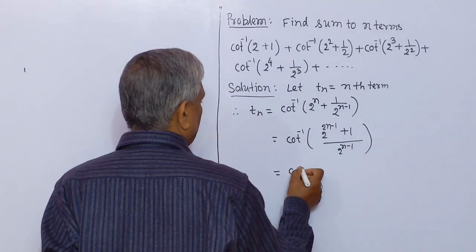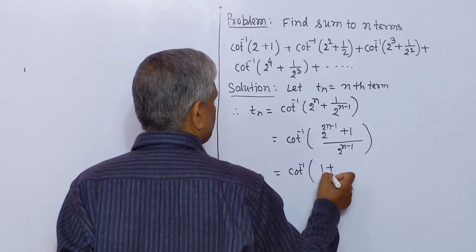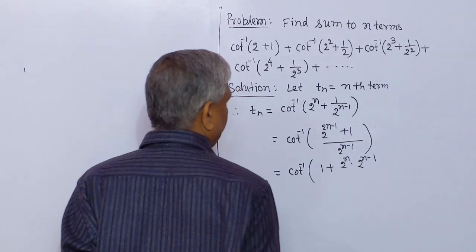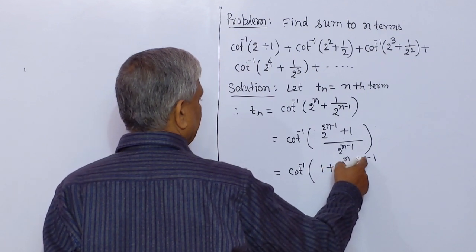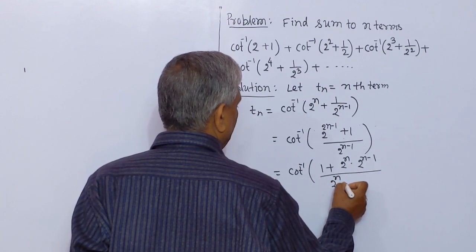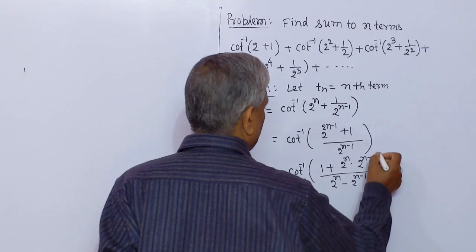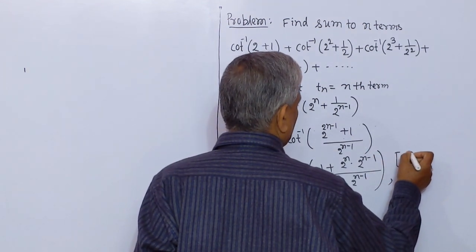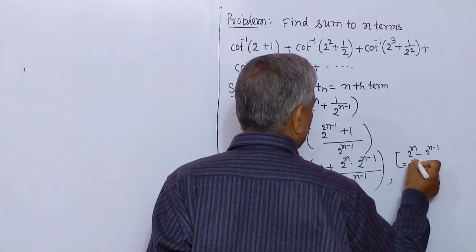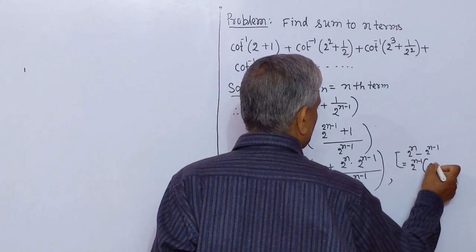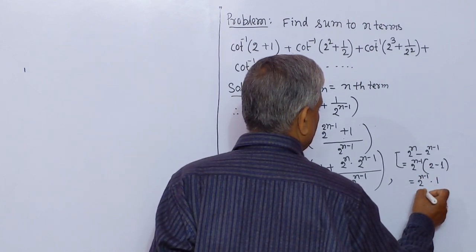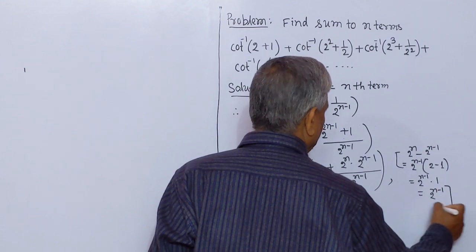We may write this cot inverse 1 plus 2 to the power n multiply 2 to the power n minus 1, by 2 to the power n minus 2 to the power n minus 1, because 2 to the power n minus 2 to the power n minus 1 equal to, we take common 2 to the power n minus 1, here remains 2 minus 1, this equal to 2 to the power n minus 1 multiply 1 equal to 2 to the power n minus 1.